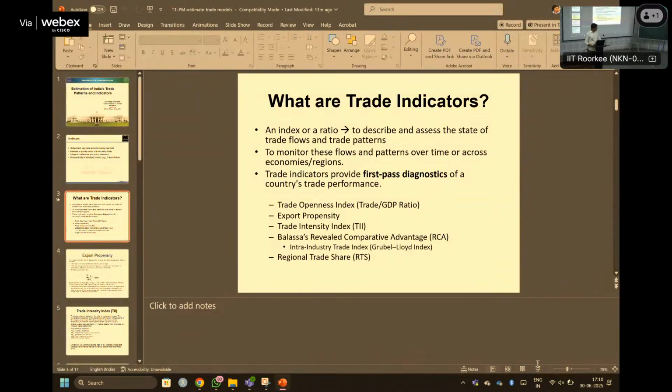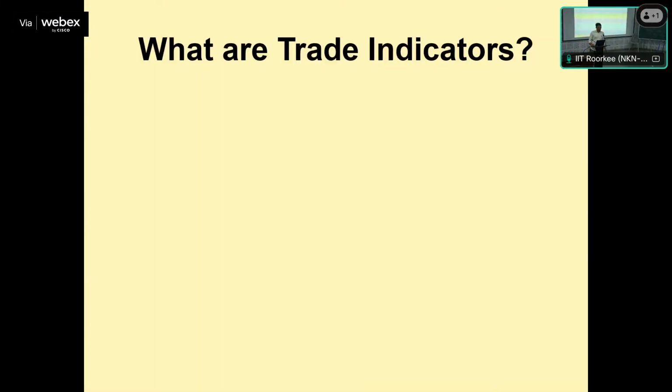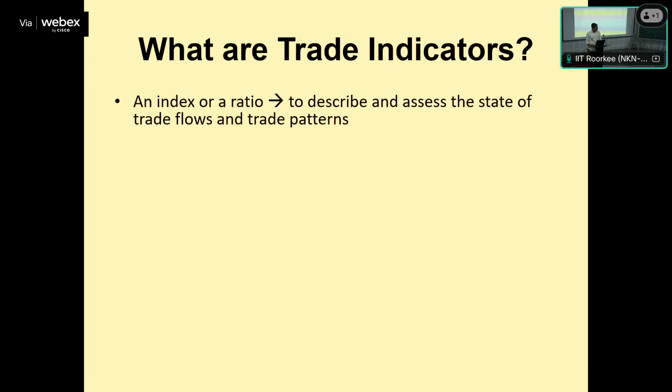So the first one, as I just said, is this trade openness index. I think the basic data she is going to share or might have shared with you in that folder. Shared? Okay. So what are the trade indicators?